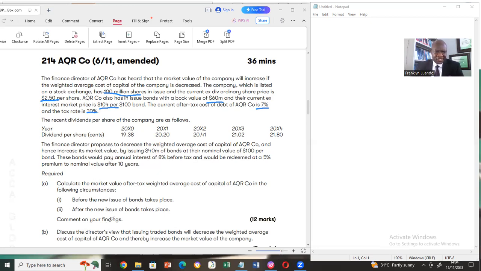The recent dividends per share of the company are as follows. So this is the dividend growth method that we're going to use, so we need to establish the growth.